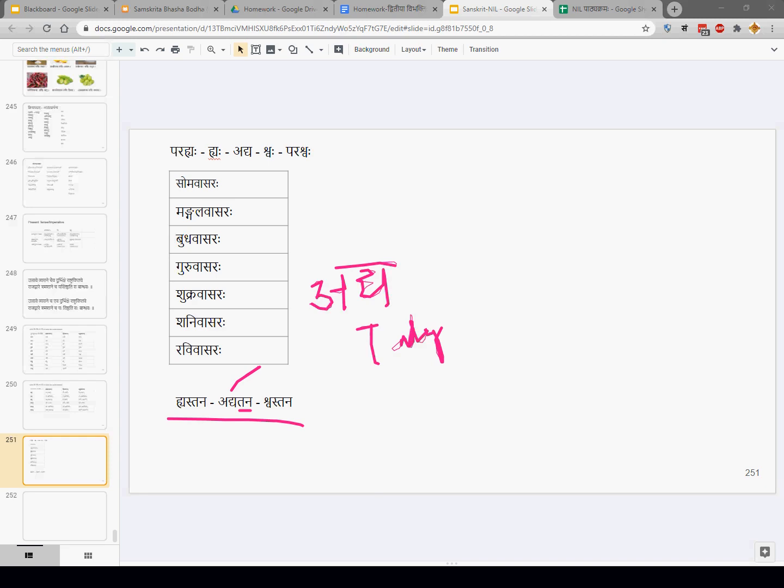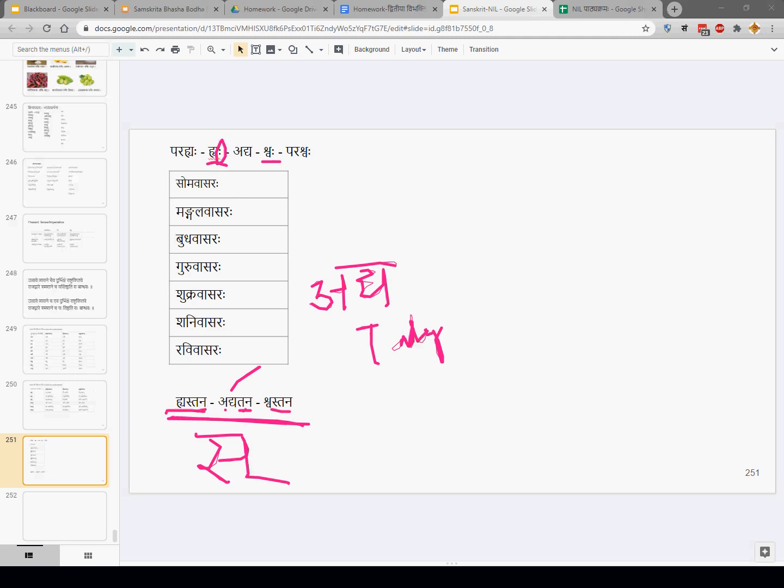Now, we can add Tana to Hyaha also, and to Shvaha. These three examples are shown here. Adya becomes Adyatana, and if you add Tana to Hyaha, it becomes Hyastana, where the Visarga changes to Sa. Similarly, Shvaha becomes Shvastana.